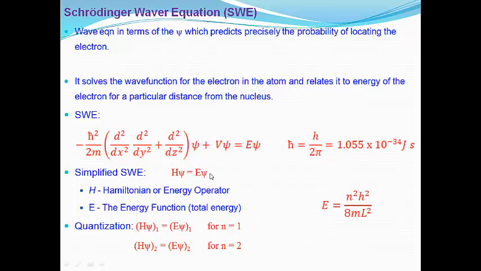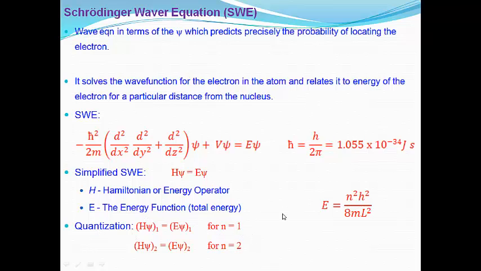Alright, and what we see is that because the psi function, or the wave function, is dependent on n, the energy also is dependent on the principal quantum number. And so the idea of quantization shows up because both values of E and psi change when n changes as well.